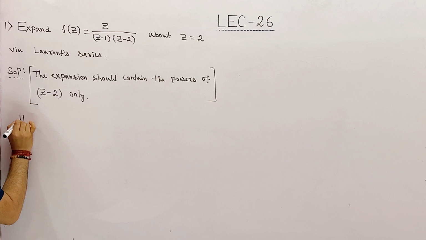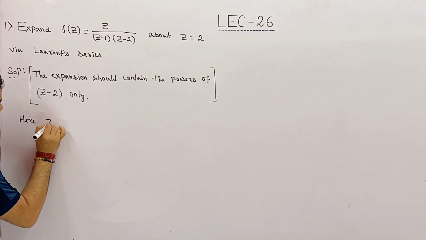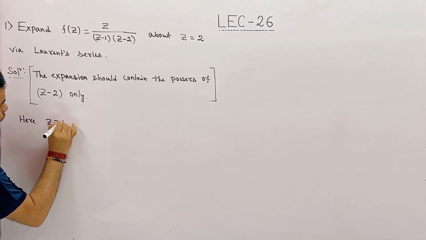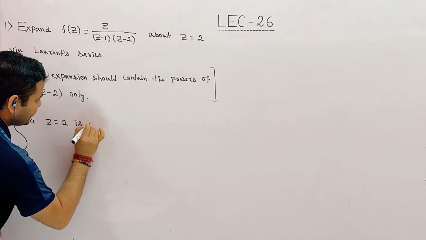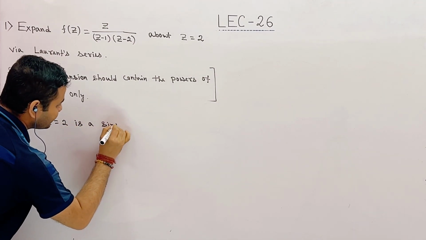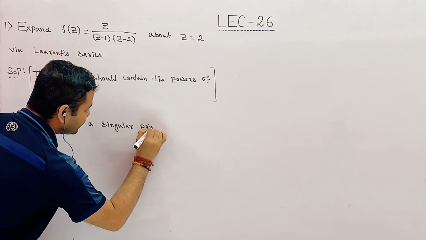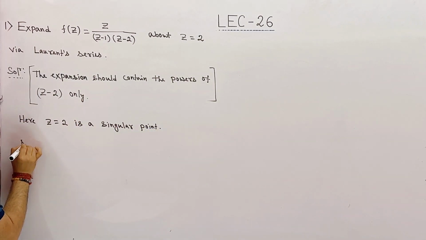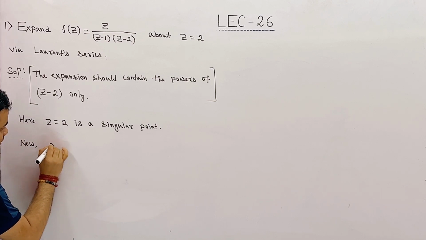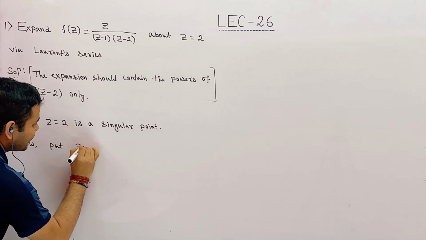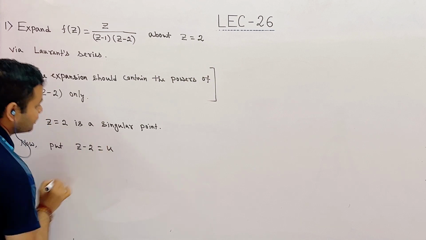Here z equal to 2 is a singular point. Now put z minus 2 is equal to u.